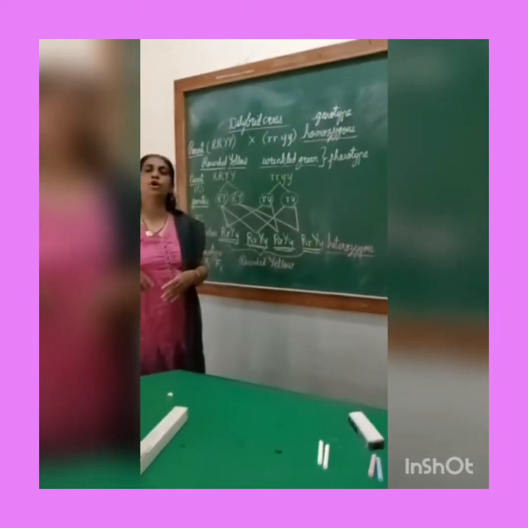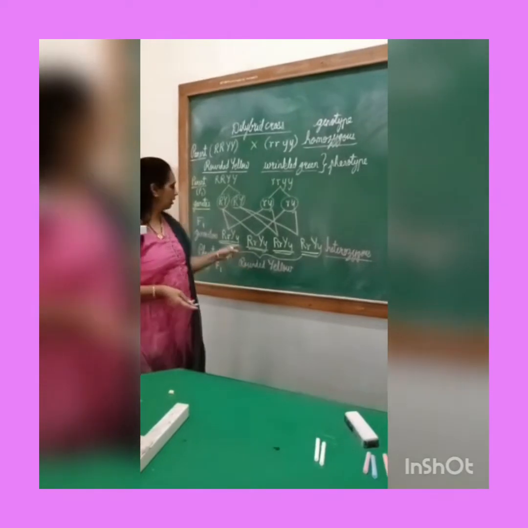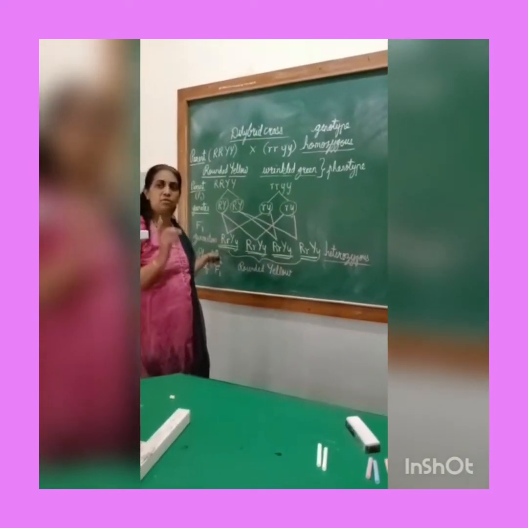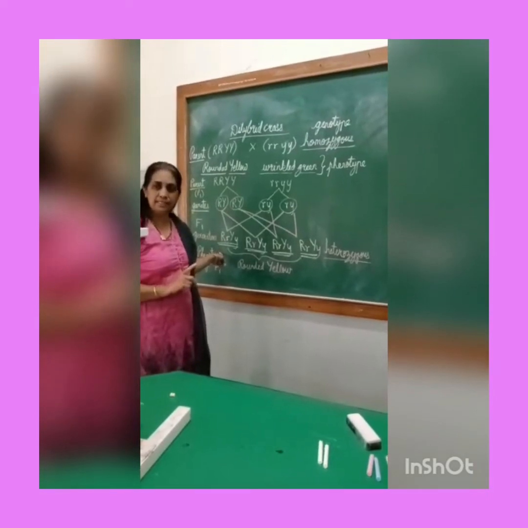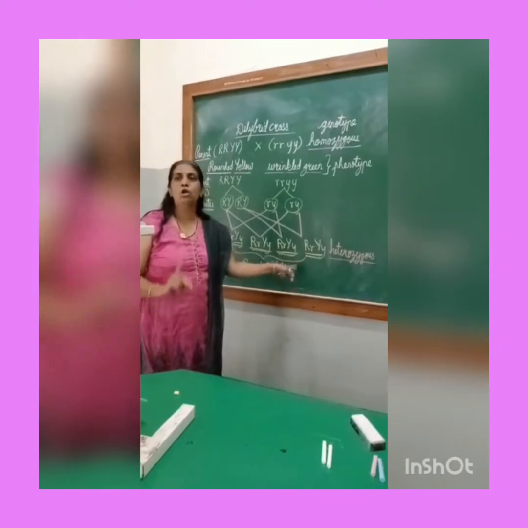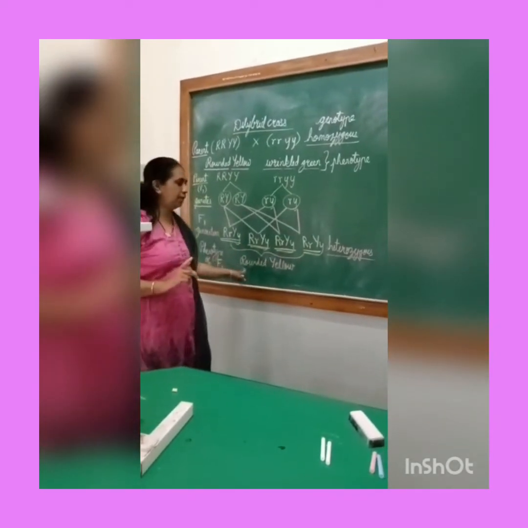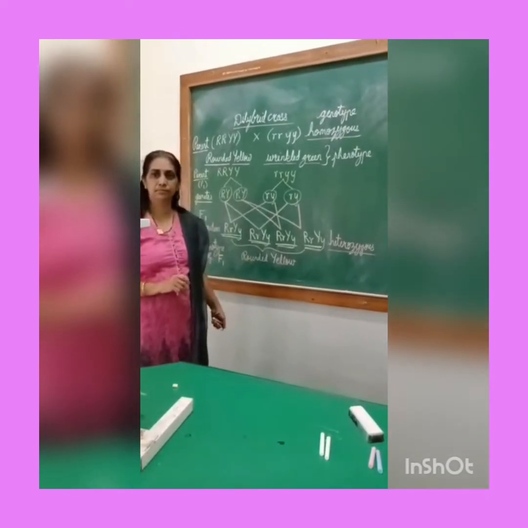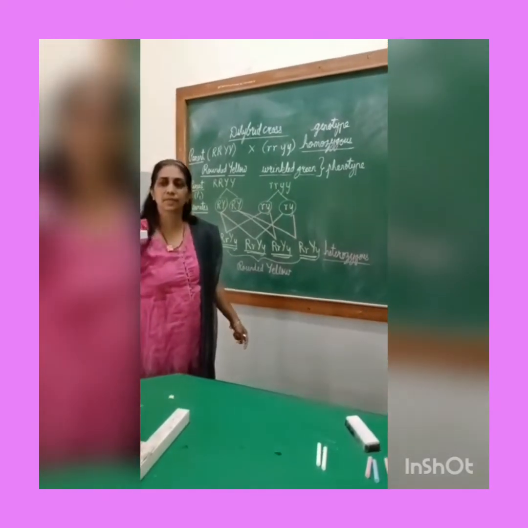So naturally the dominant gene will be expressed. The recessive gene cannot be expressed in the presence of the dominant gene. Understand? So all of the F1 generation, all of them will show rounded and yellow seeds. Is it clear? Everyone?